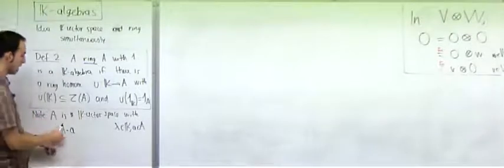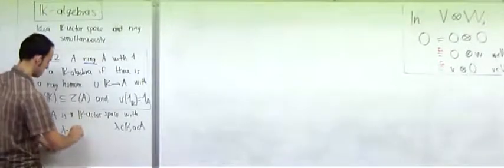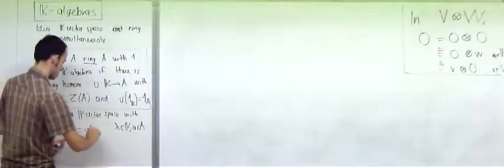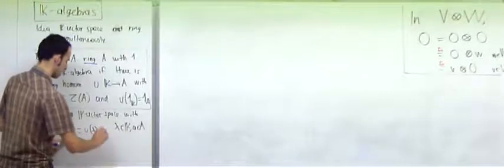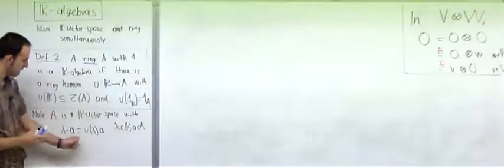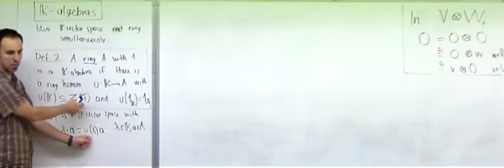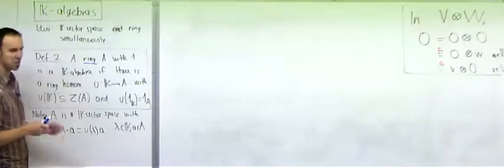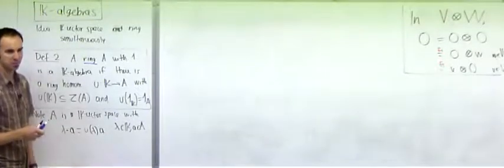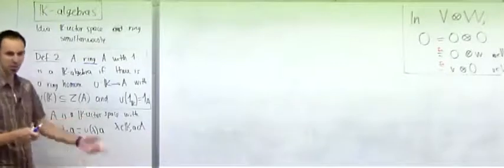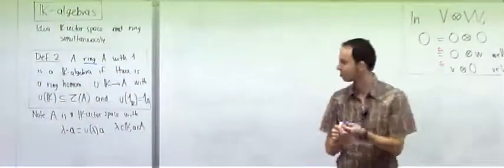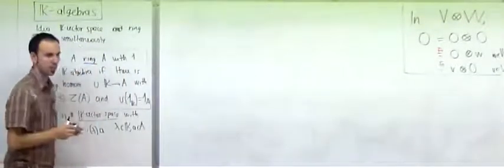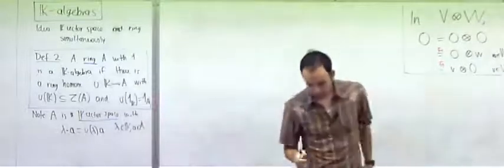So to multiply by a scalar, I just see where U sends it, and I multiply by that. Because lambda is in K, U of lambda is in A, and I multiply in A. This is notation, but in every example you will see right away what the vector space is. I think writing this out is more complicated than actually seeing it in any example. And so what we get is something that is a ring and a vector space at the same time.